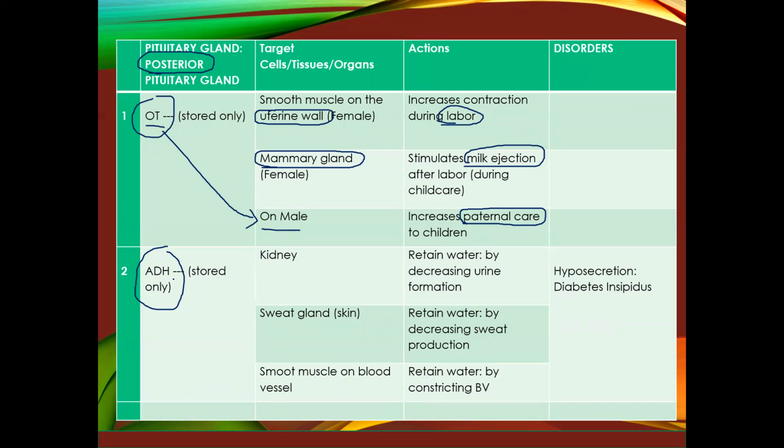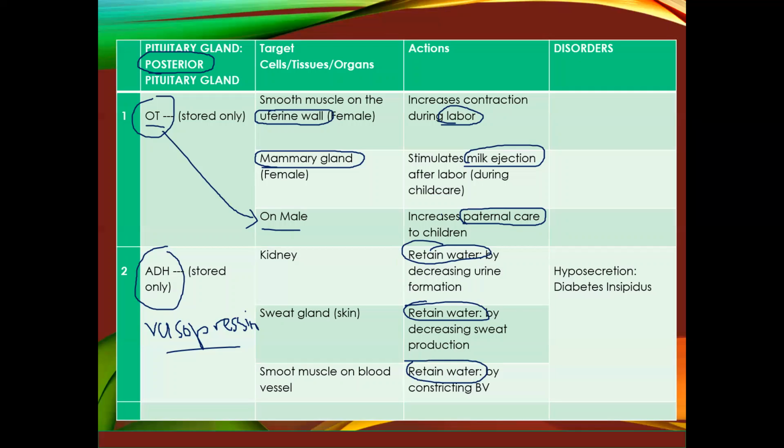And then for the ADH, another name for ADH is vasopressin. The main function of ADH is to retain water. So the main objective of the ADH is to retain water within our body.